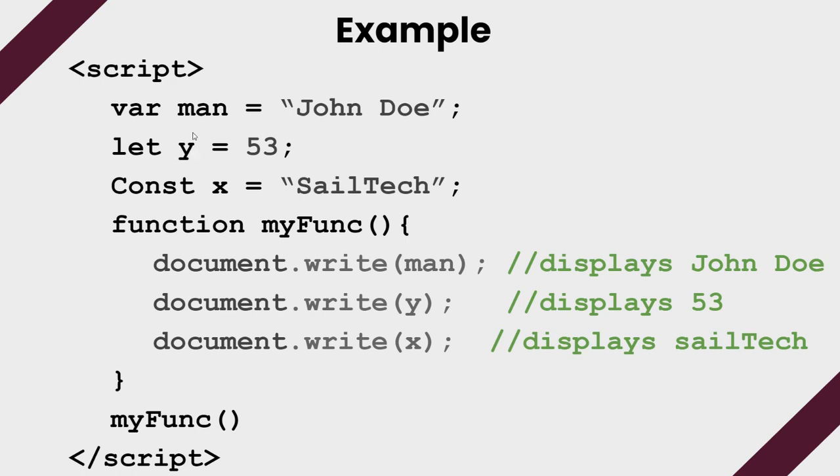The only difference is that we've declared each of these variables outside a function, and within the function we are calling these variable names, and they will actually display results for us. Even if you have this within a block section in your code, it will also display the same result.